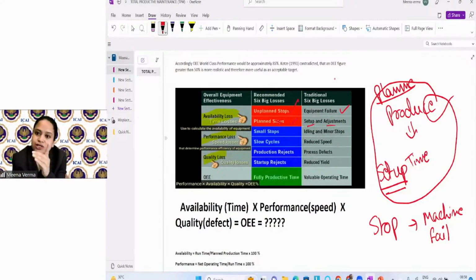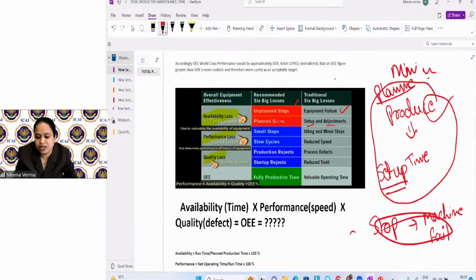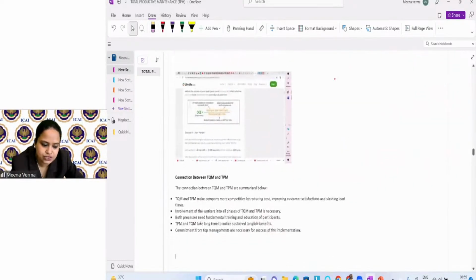One time you lose because you need time to set up the machine for production. Second, during the production, if the machine fails, that is your unplanned waste of time. You have not planned that. So the point is that you can minimize this. You cannot completely eliminate setup time, but it is possible to eliminate machine failure from the organization.